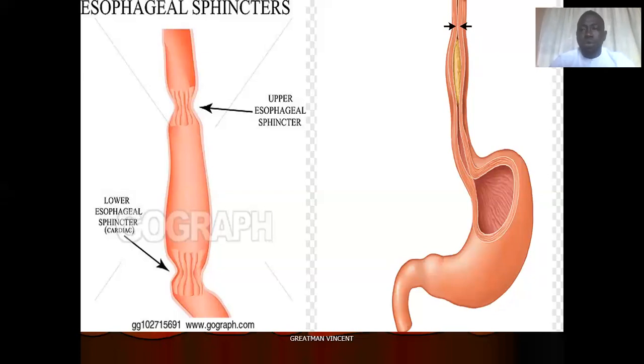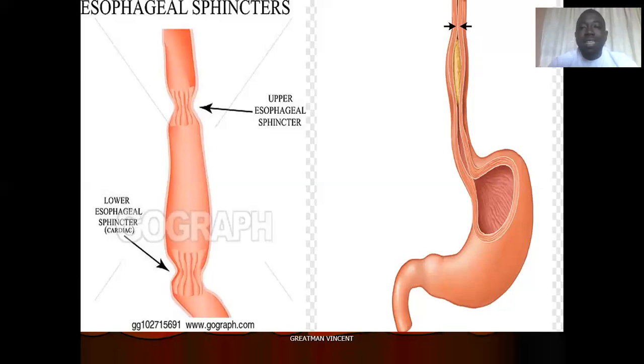The trachea is also closed by the approximation of the vocal cords, number one; the retroversion of the epiglottis to cover the glottis, number two; and the elevation of the trachea up and anteriorly from the esophagus, number three. So at the end of the day, food now gets into the desired part, which is the esophagus. And of course, the pharyngeal phase is the shortest of the phases, which lasts for approximately 1 second.